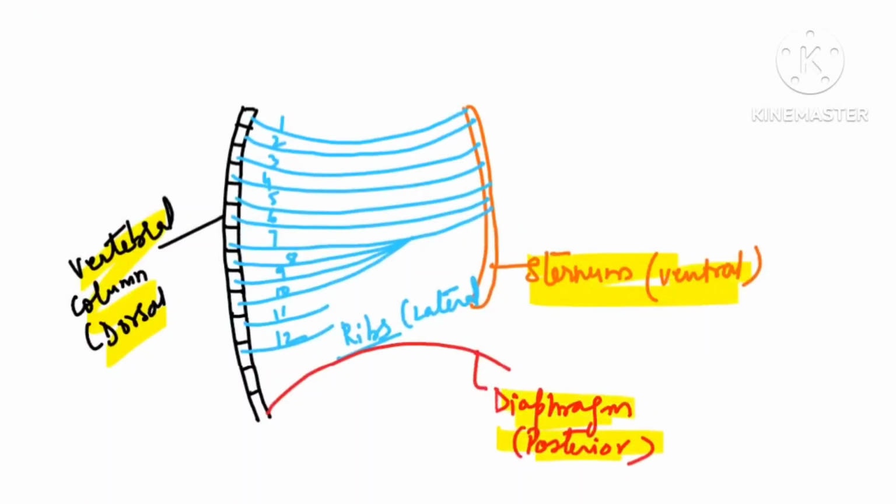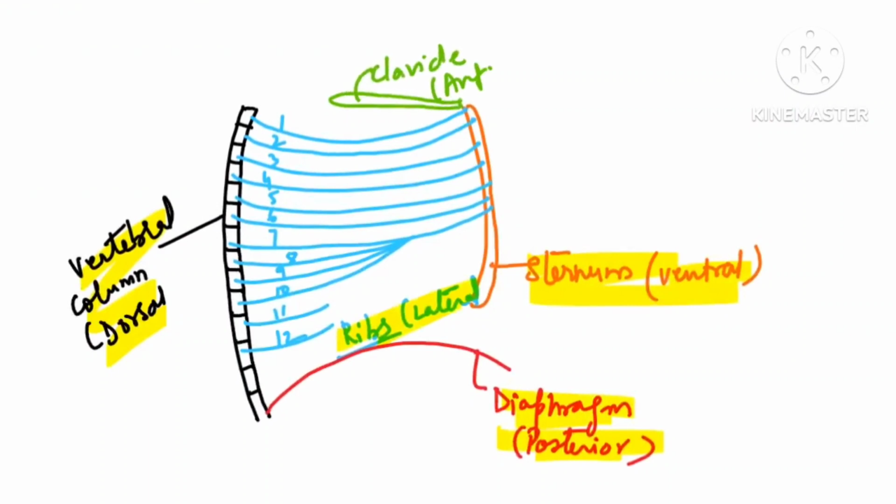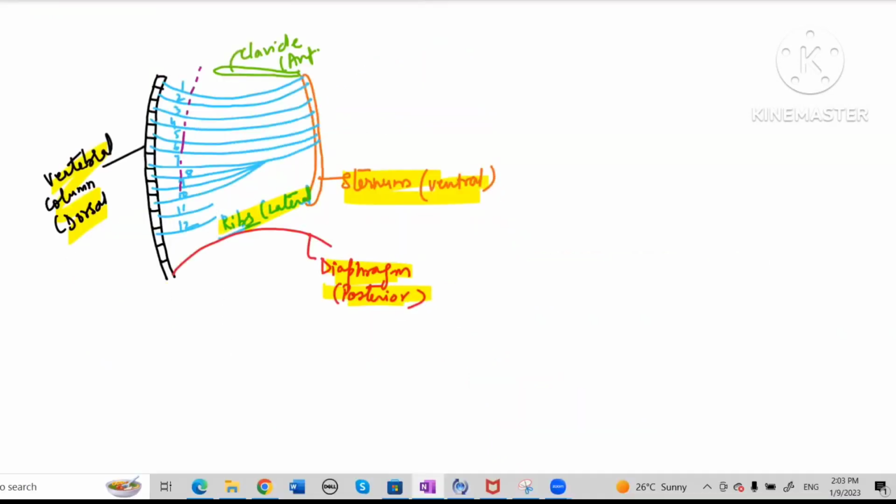Diaphragm on the posterior side, ribs on the lateral side, and see carefully, this is your collarbone, the clavicle, which is on the anterior side. Inside this, your lungs are located. This is the way your lungs are located in this cavity. And it is purely an airtight chamber, and any change you make in the thoracic chamber will be reflected in the lungs also. Understood all the positions better?